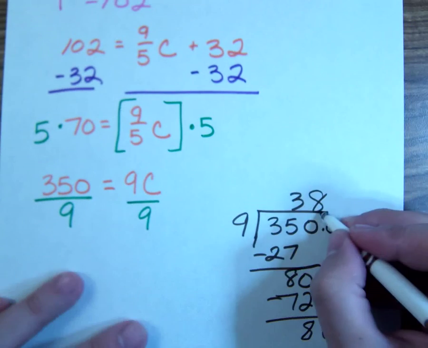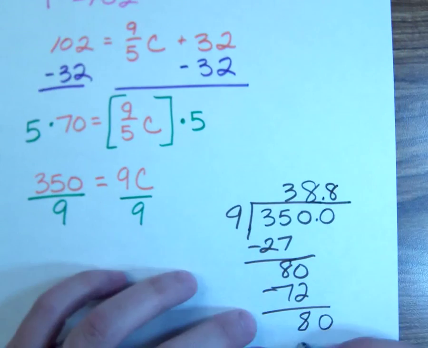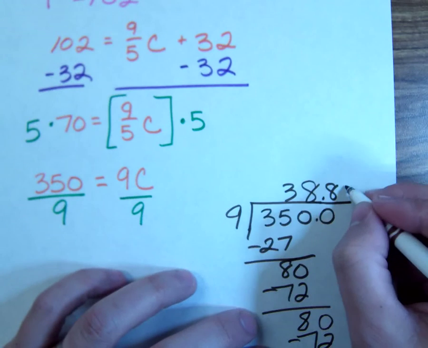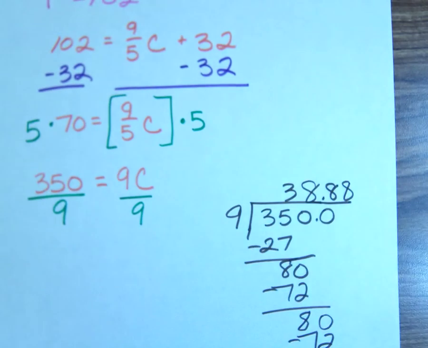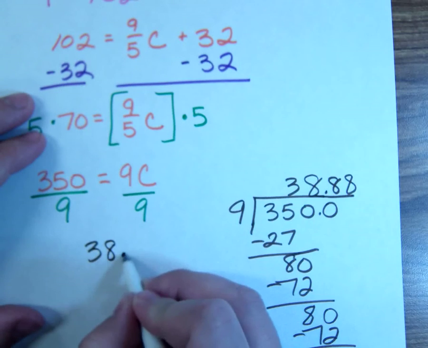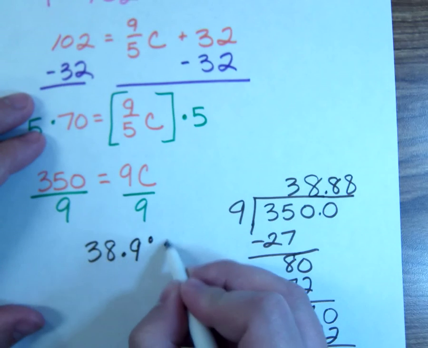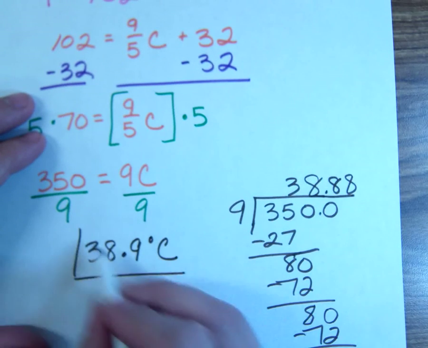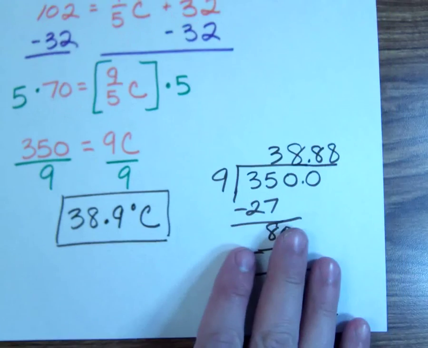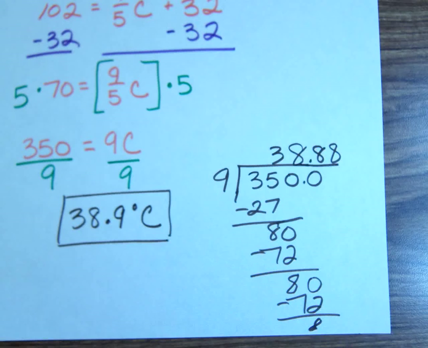You've got a calculator, you're welcome to use one. This is going to be 38.88888888. I'm going to round that to say like 38.9 degrees Celsius. So a broiling hot day in Texas is 38.9 degrees in Celsius.